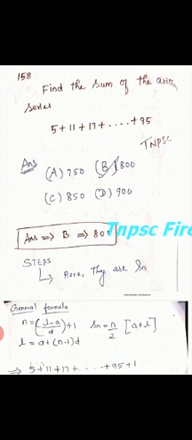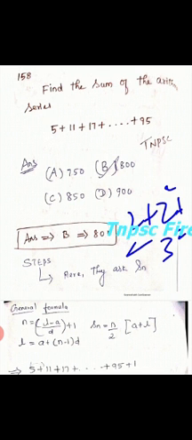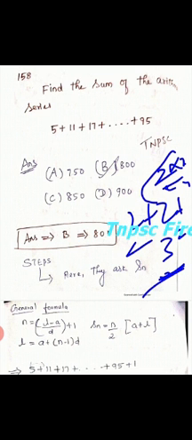For example, if they ask 2, 2 square, 3 square: 2 power 2 means 2 into 2, so 4. The differences will not be the same. This is a geometric progression, we consider this a geometric progression.